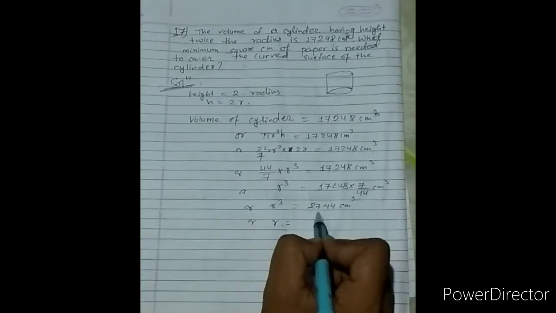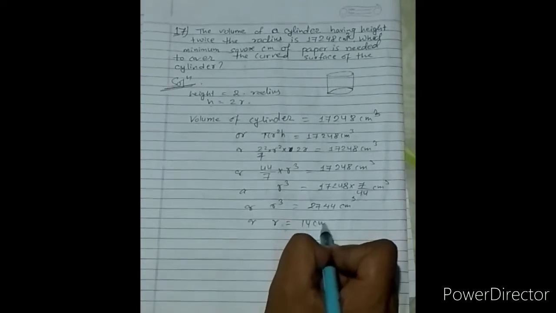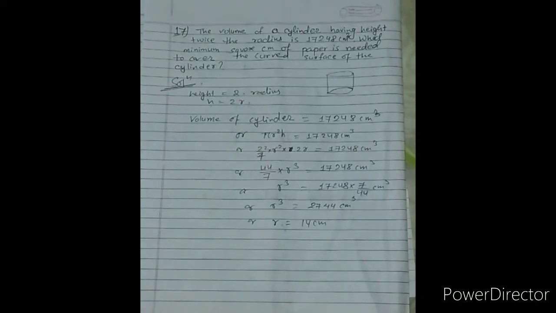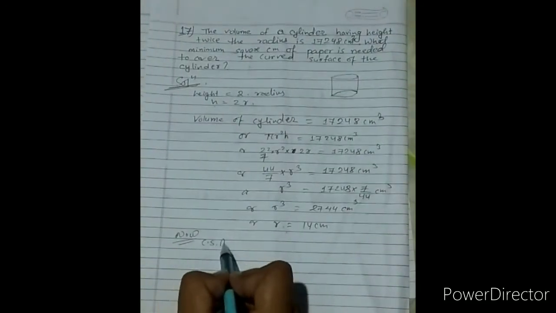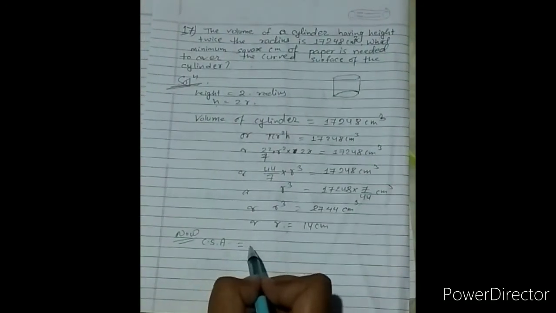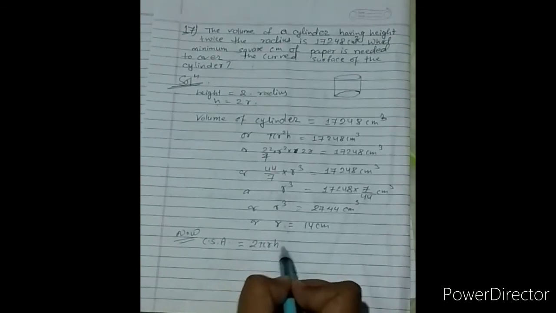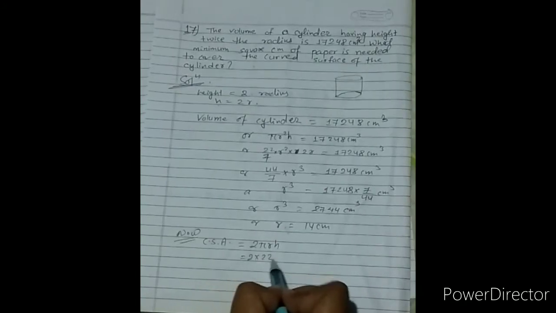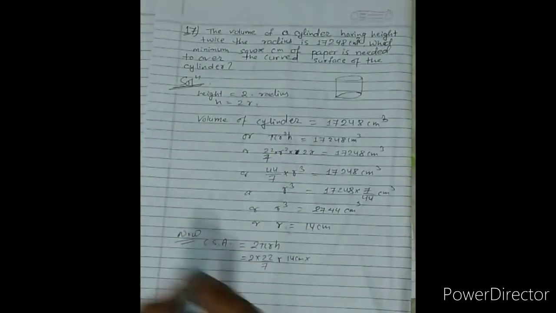You can use a calculator. 2744, that is 14 into 14 into 14. So 14 centimeter is the value of r. After getting r, you can find curved surface area. Formula of curved surface area is 2 pi r h. 2 into 22 by 7 into 14 into, now what is the value of h?